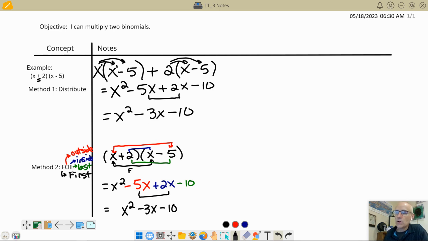Some people like to call it FOIL, but they're really the same thing, okay? So I need to see some work. This is the kind of work that I'm looking for in your homework. I can see that you did the distributive property up here, and this way it looks like you did the FOIL method. I don't care which technique you use, but there should be some work down there.